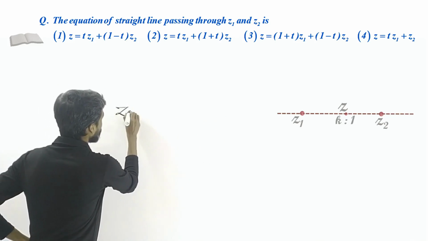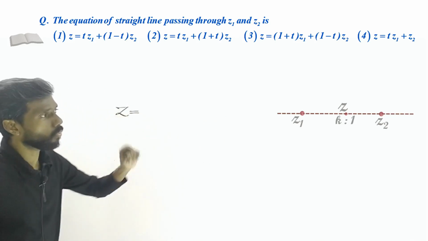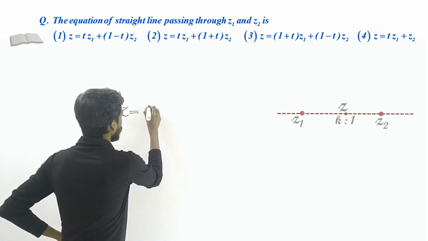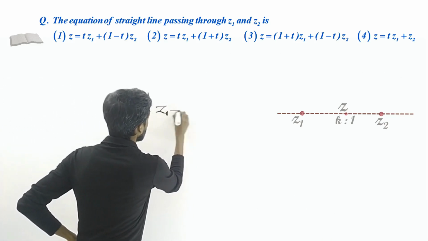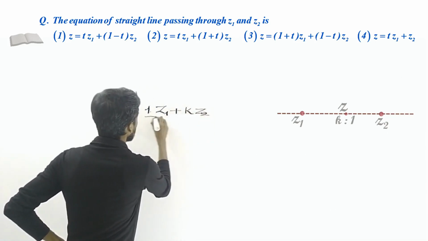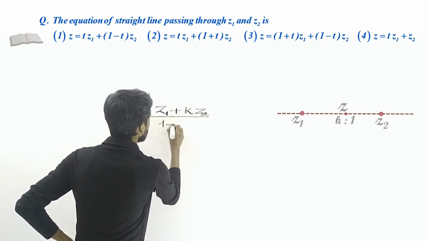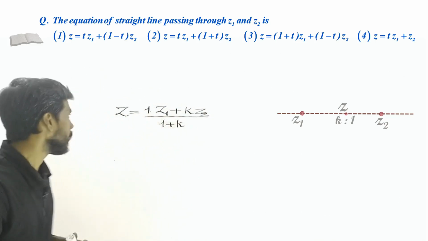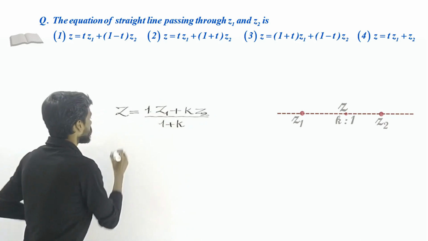So z can be written as, with k is to 1 as the ratio, 1 multiplied by z1 plus k multiplied by z2, divided by 1 plus k. So this is the point z. Now we can simplify this.